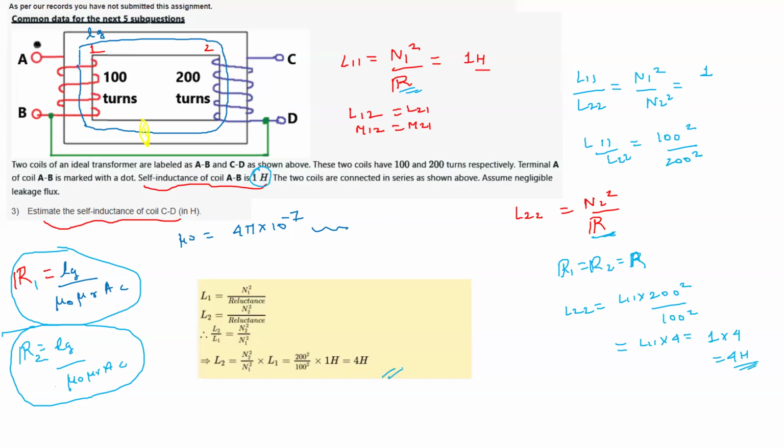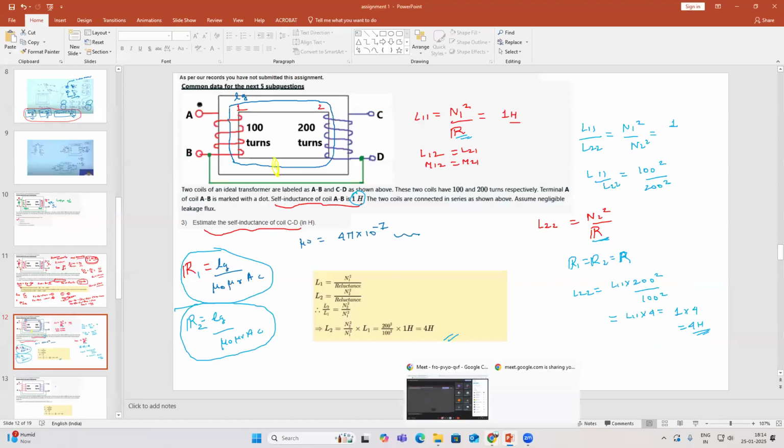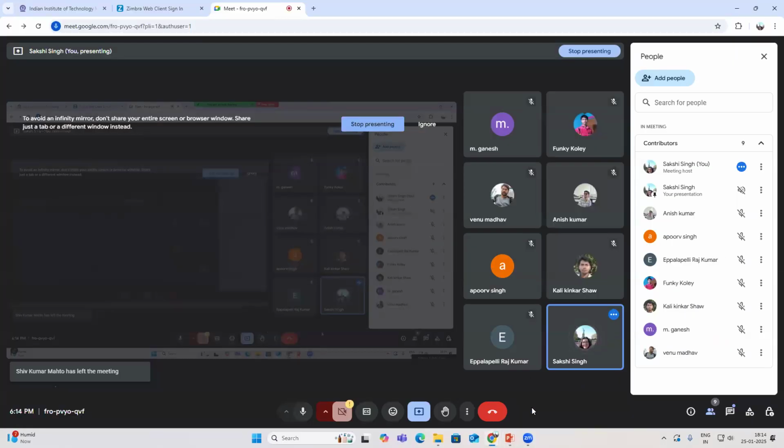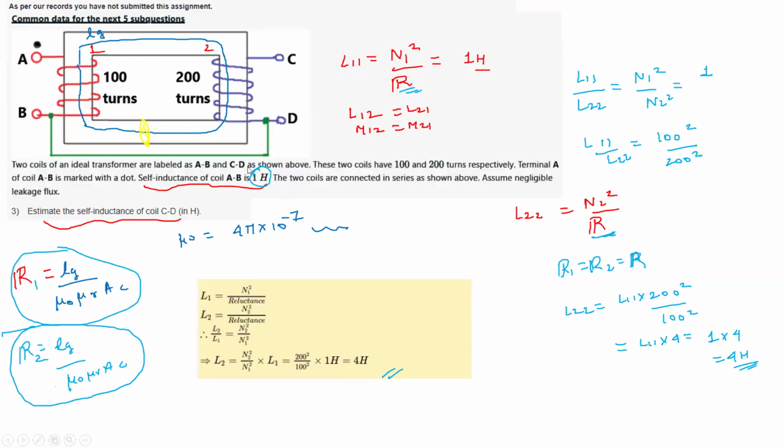Is this clear? These are very simple questions, but they have concepts in them. If you see the concept, the reluctance for both the cases is the same, which is why you can take the ratio like this.